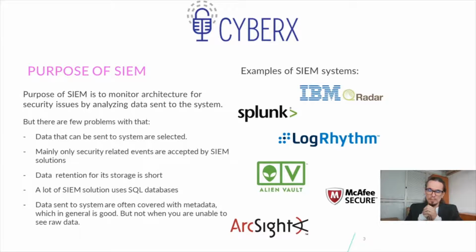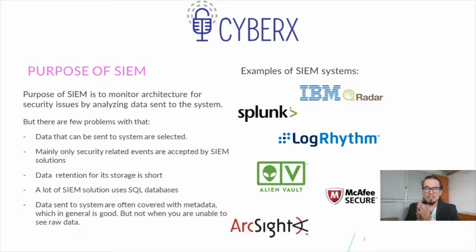SIEM is an abbreviation of Security Information and Event Management. The purpose of it is to monitor architecture for security issues by analyzing data sent to that system, to the SIEM.